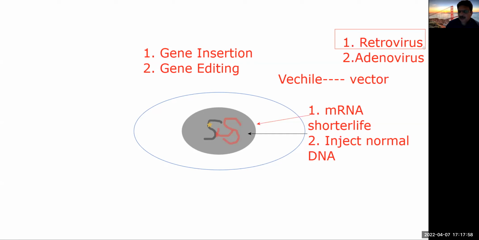Retrovirus is an RNA virus, so here you would need the help of the RNA virus vector, the retrovirus vector, and retroviruses have the capacity to insert into the chromosomes. So these will insert into the chromosome.